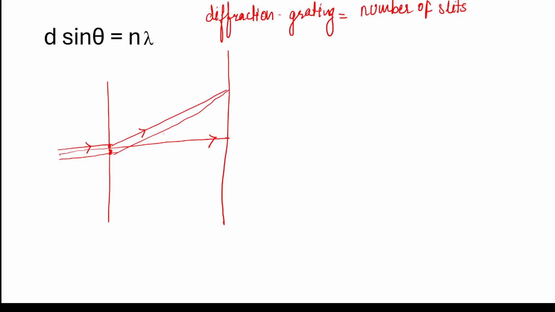So let's say these two light rays are reaching here and they are producing constructive interference. Now, from the video on interference, whenever the path difference is a multiple of the wavelength, the superposition would result in constructive interference.